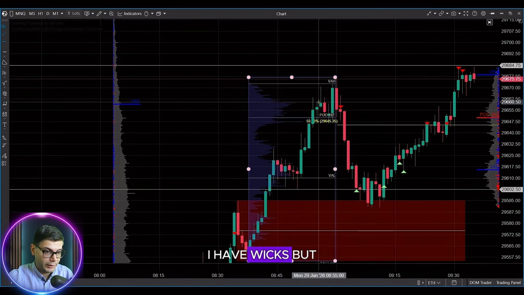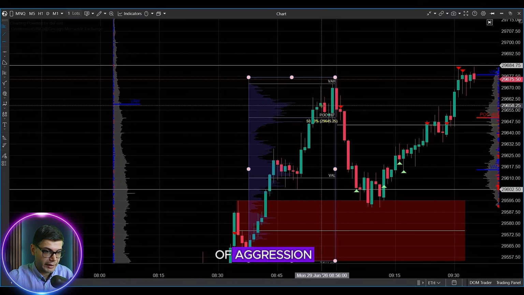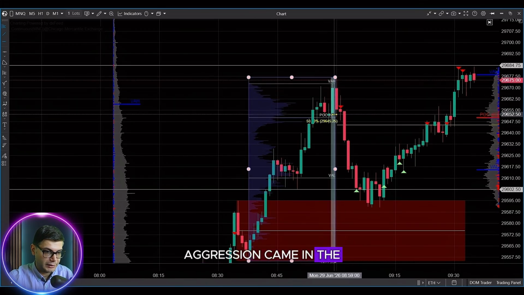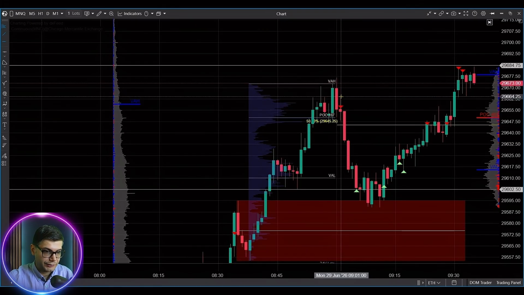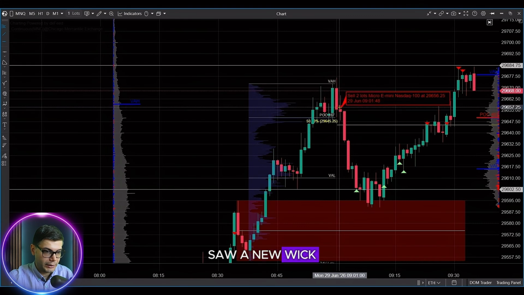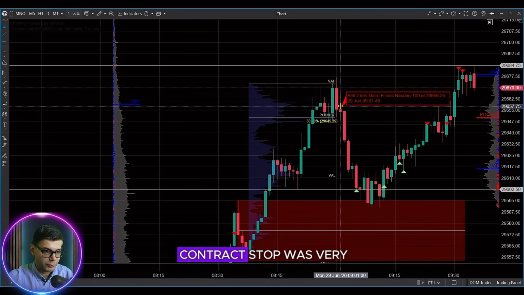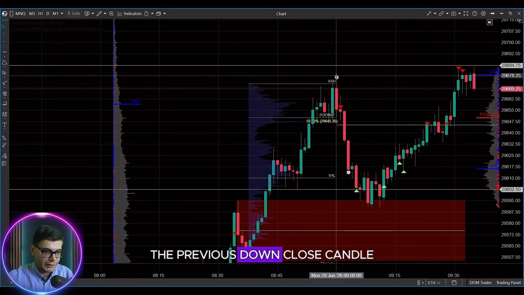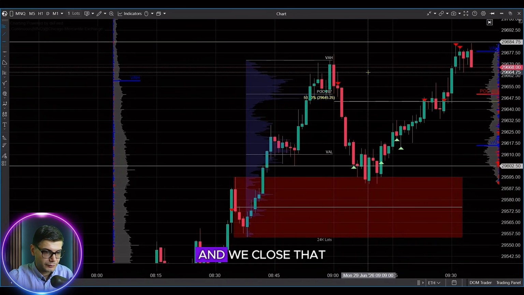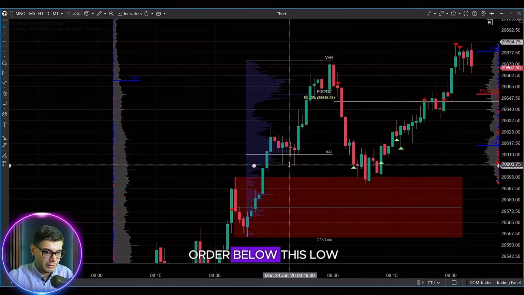I have wicks, but I don't see much aggression. Aggression came in the market on this candle. Third candle, once I saw a new wick, I entered 2 micro contracts. Stop was very tight above the previous down close candle, and we closed that order below this low.